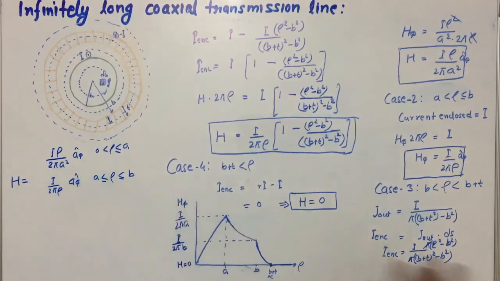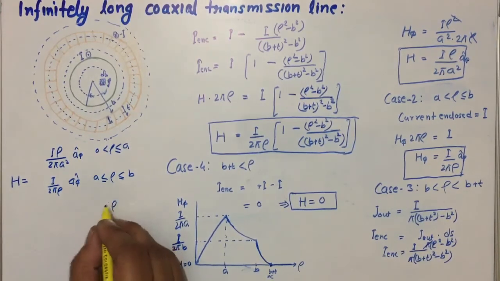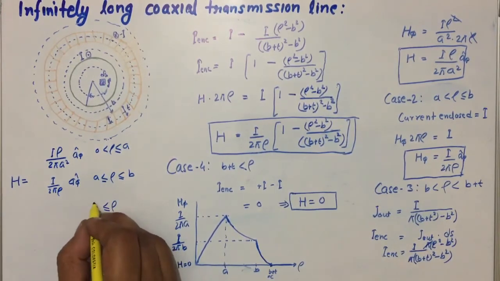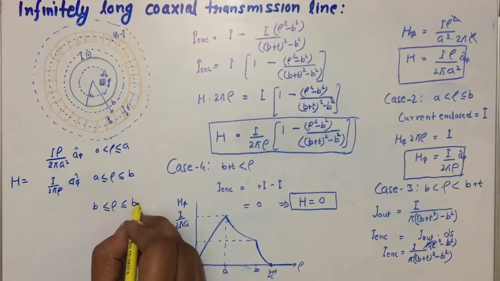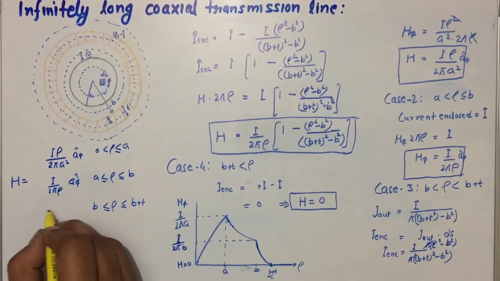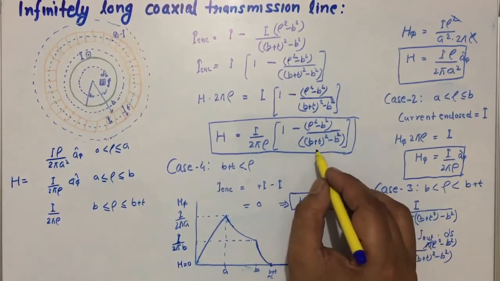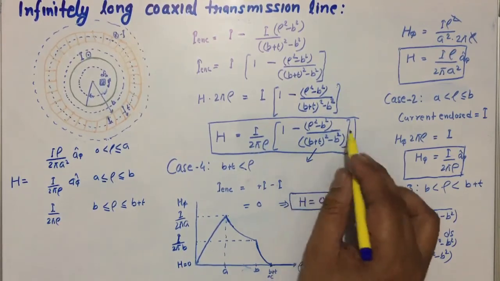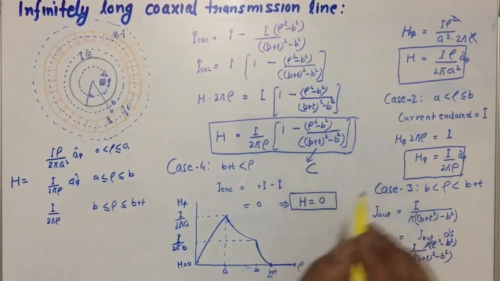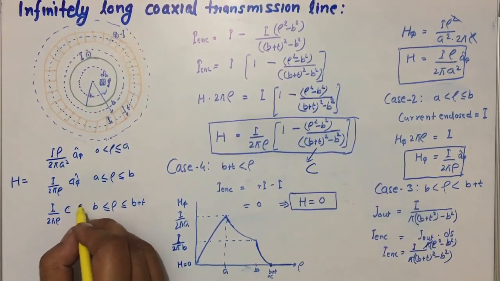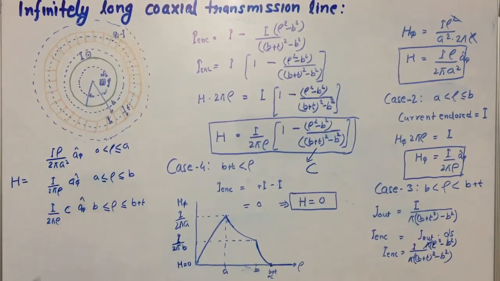And the region when rho lies between B and B plus T, in that case H is I by 2 pi rho times C, where the full section can be considered as C, in the direction of a phi.